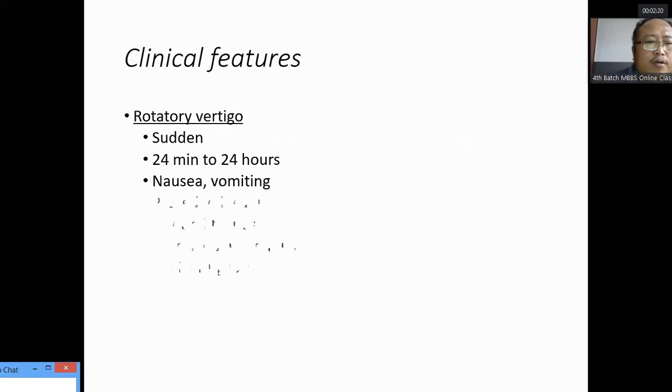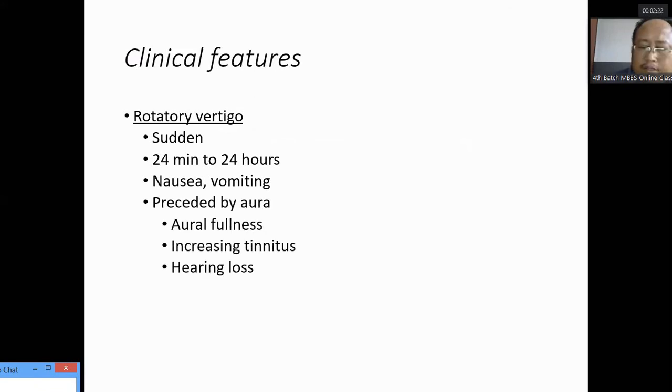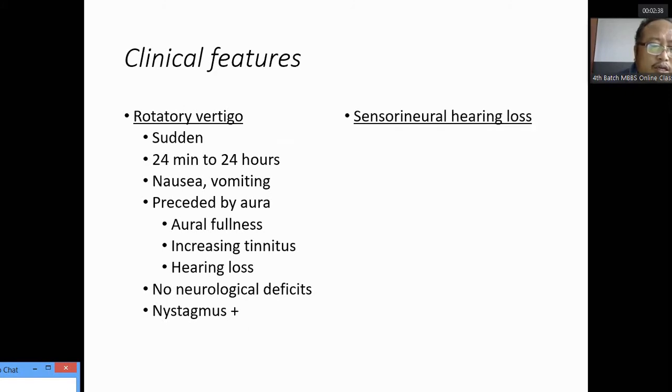We have already discussed the clinical features previously. Vertigo, sudden, lasting up to 24 hours, with acute nausea, vomiting, fullness, tinnitus, hearing loss, but there should not be neurological deficits. Nystagmus is always present during the active stage.